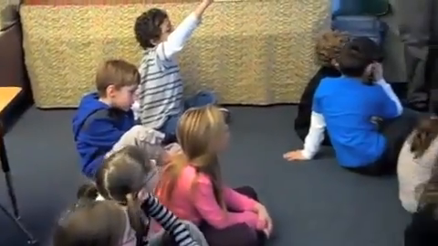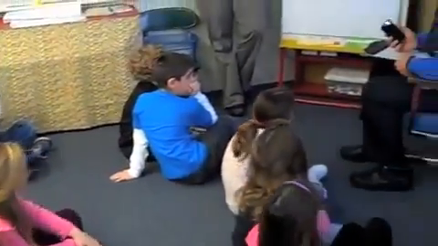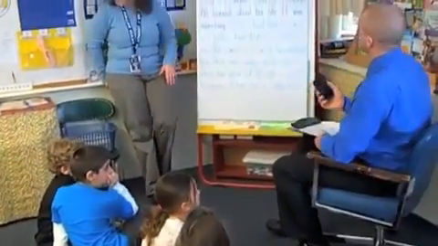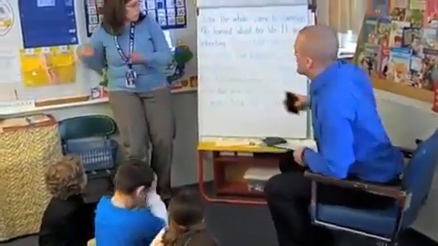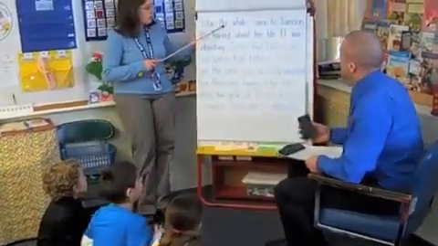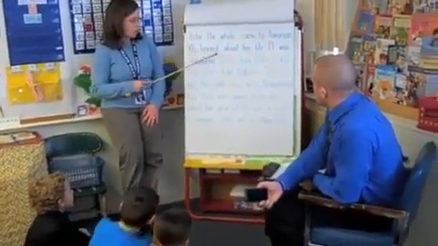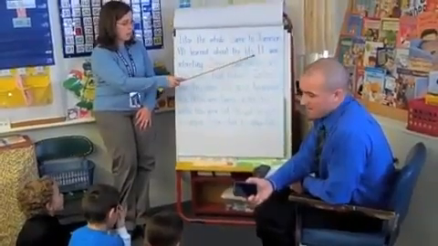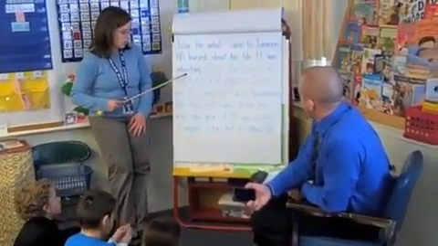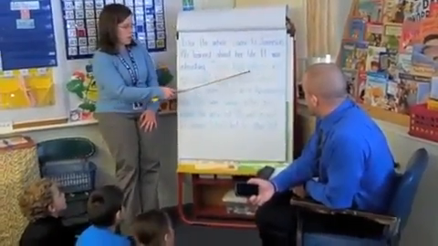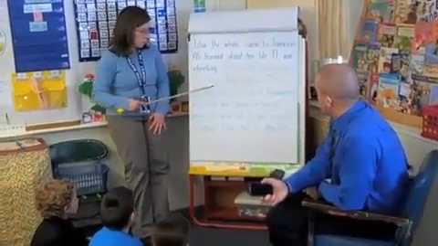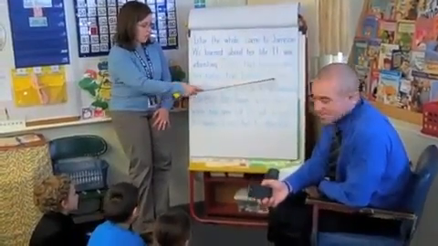So, should we read it together? Yeah. Let's see how we've changed this, how we've added more information. Let's start at the top. Ready? Star the whale came to Jameson. We learned about her life. It was interesting. Star had babies and her babies had babies.